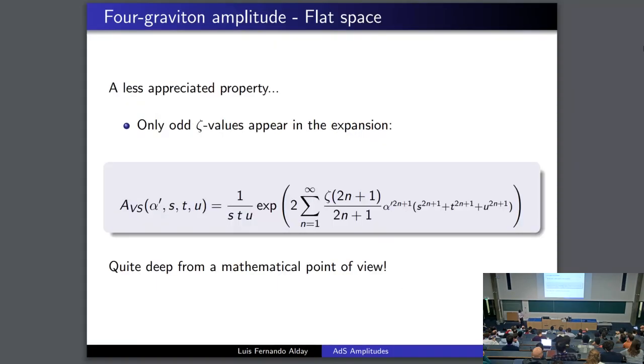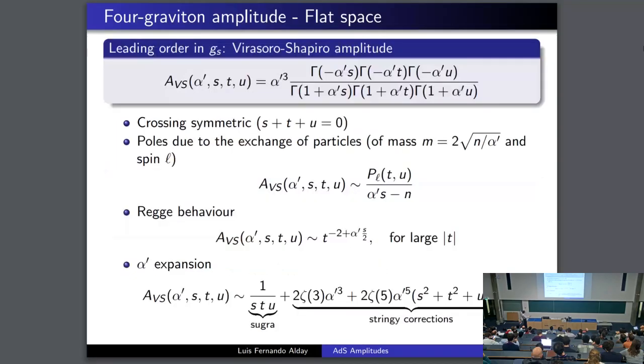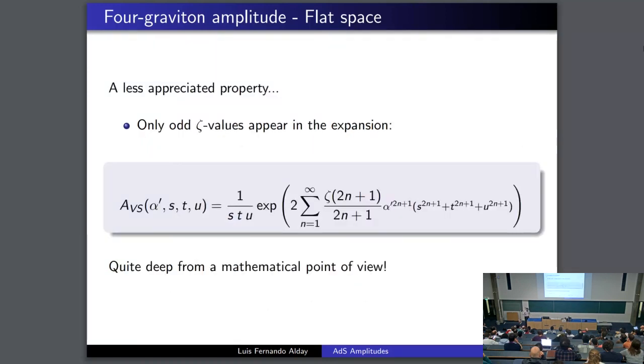Now, a less appreciated property is that if you look at this alpha prime expansion, you notice that we have zeta 3, zeta 5, next you have zeta 3 squared, etc. And to all orders in alpha prime, we only get odd zeta values.